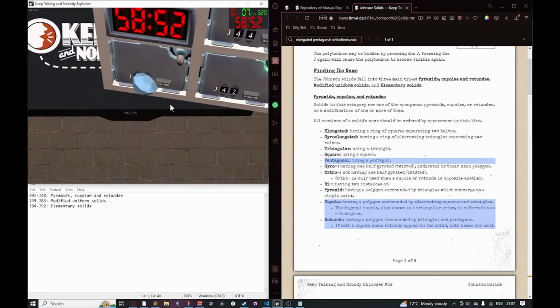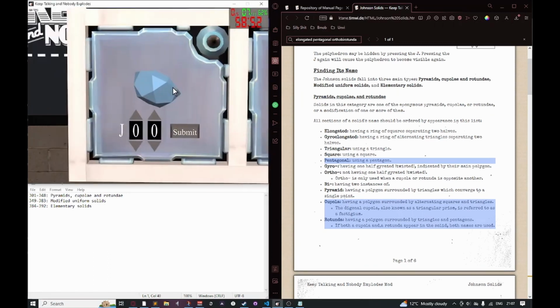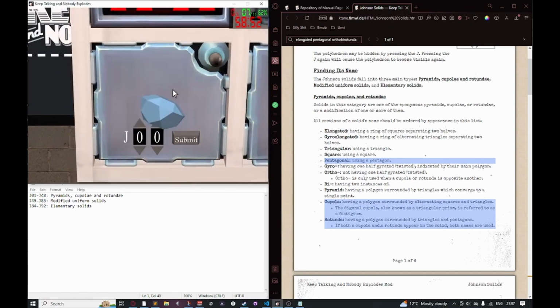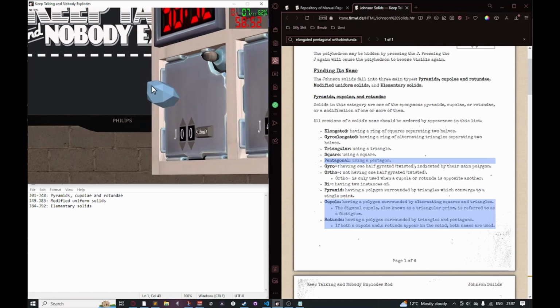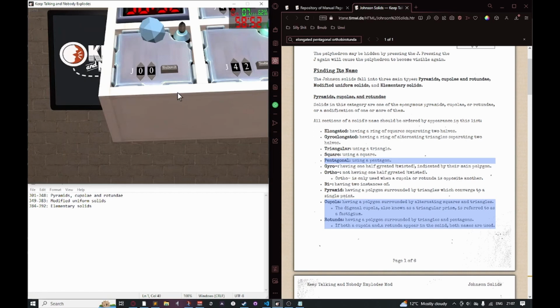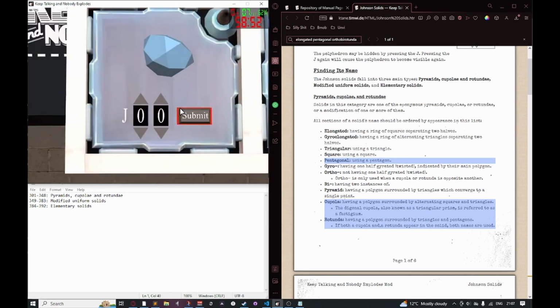And we can now look at the main polygon. If we follow this edge here of the pentagon, parallel to this edge, which is parallel to this edge on the other pentagon, this means the two halves are not gyrated, they are ortho.